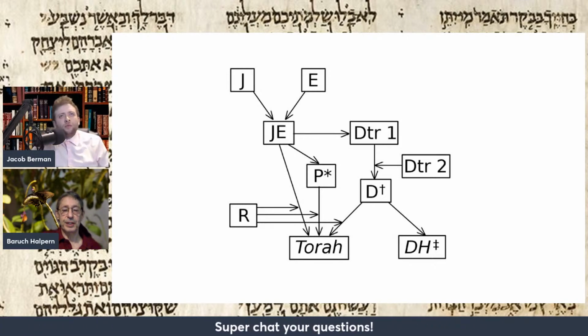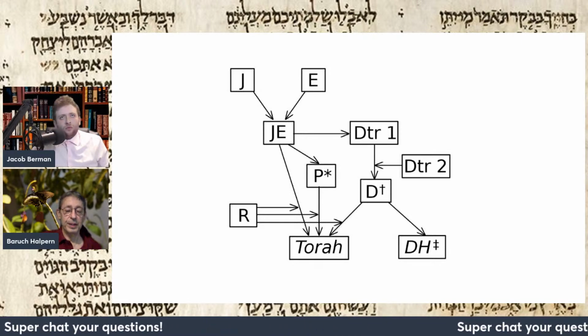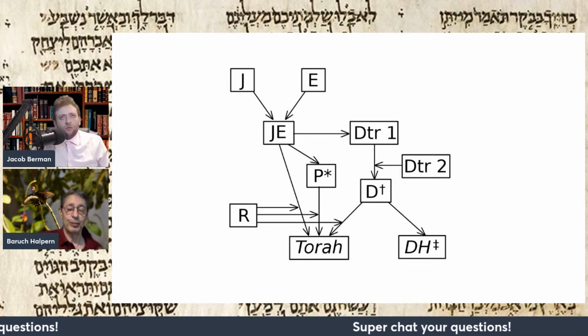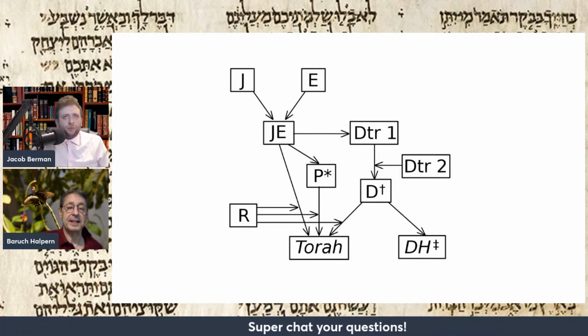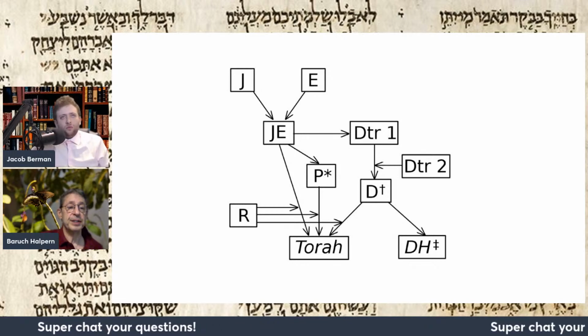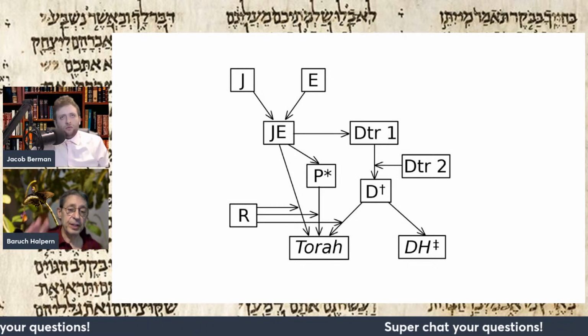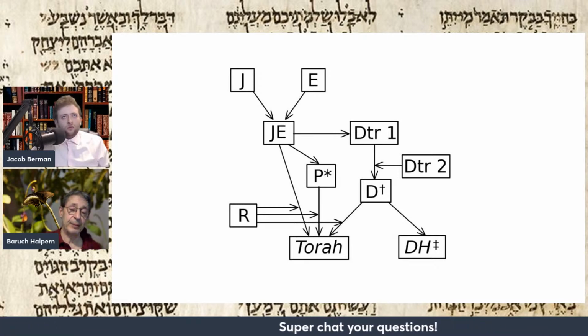These Germans started to see that the narratives of P, a source of the Bible, we'll come back to that in a second, that they could connect Genesis 1 to other stories in Genesis. And they noticed that Genesis 1 used a different name for God than Genesis 2 and 3.